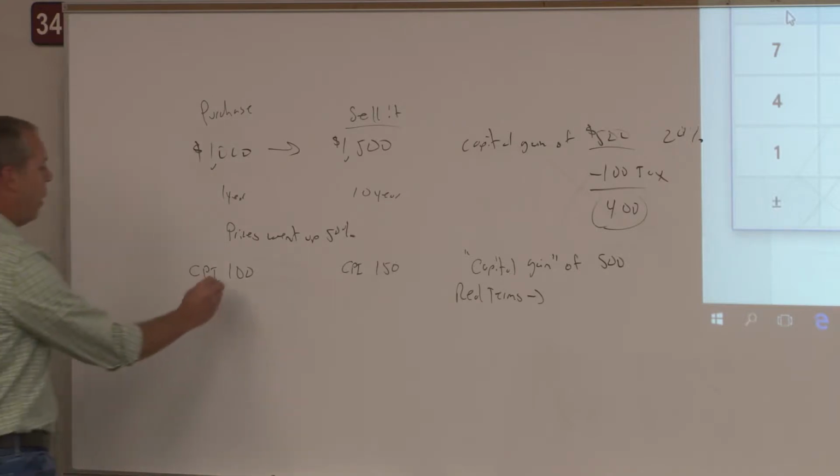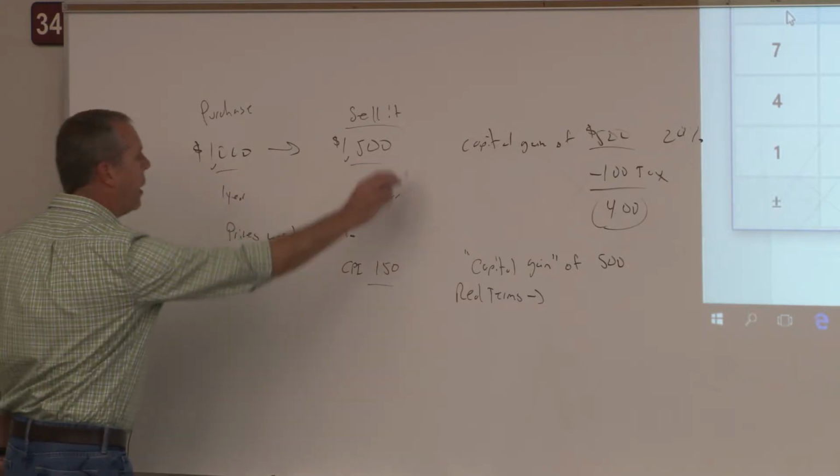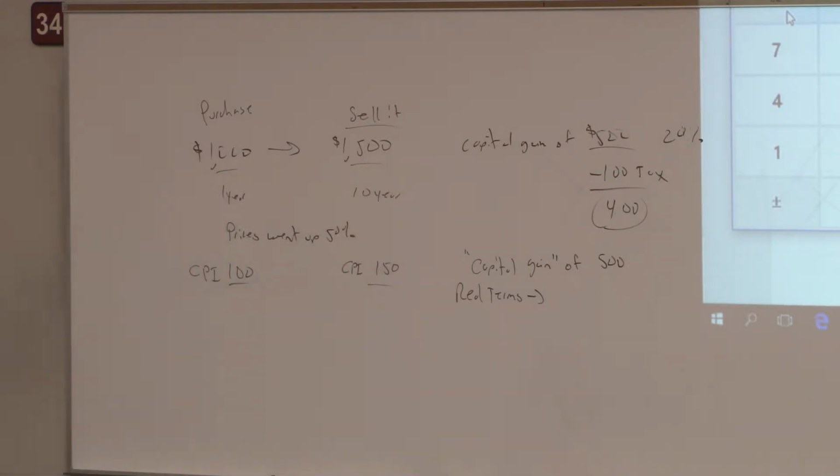If prices go up 50% over this 10-year time frame, and I bought this for $1,000 and I'm selling it for $1,500, in 10 years' time, $1,500 buys what $1,000 bought 10 years ago. Would you lose money? That's exactly right.